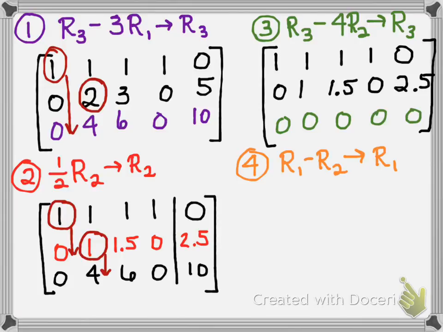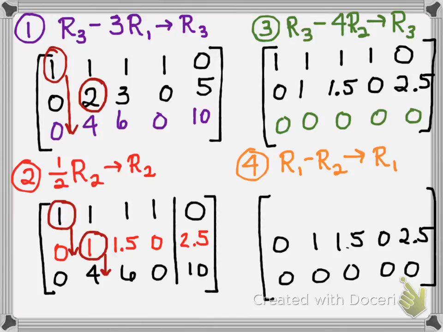I'm going to take row 1 minus row 2 and replace that with row 1. So row 2 and row 3 stay the same, and row 1 becomes 1, 0, negative 0.5, 1, negative 2.5. And now I've got reduced row echelon form, and this is going to help me with my final answer.